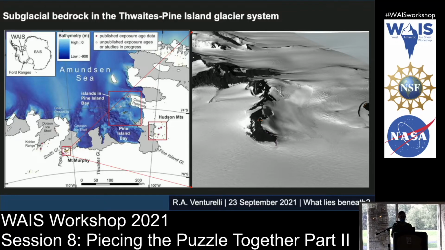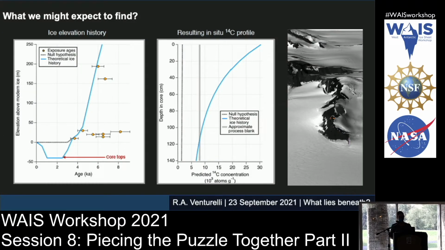So there is a lot of existing data in this region that tells us that ice thinned to its current position between 6,000 and 3,000 years ago, but there's kind of this gap of what happened after that. And we're trying to figure out basically if ice thinned and re-advanced. This is work that's currently in progress, so here on this slide I have just what we expect to find.